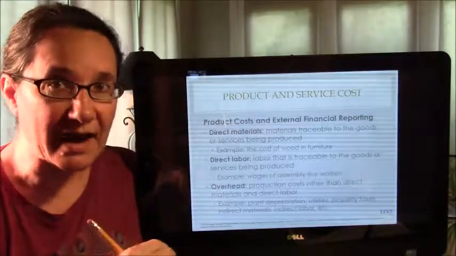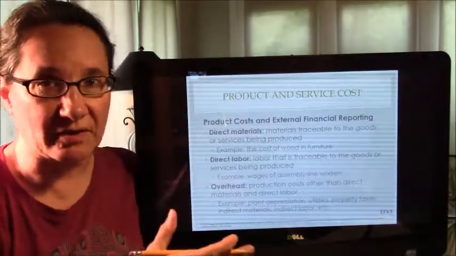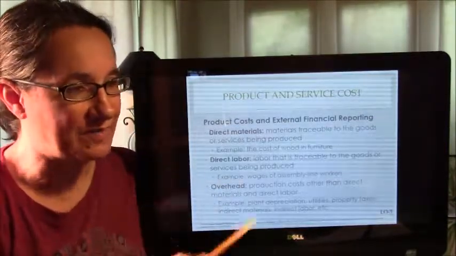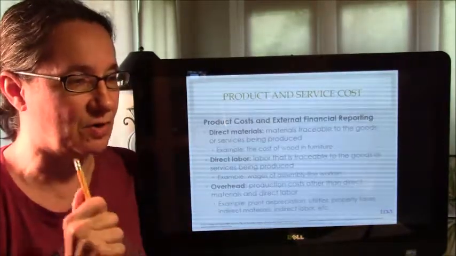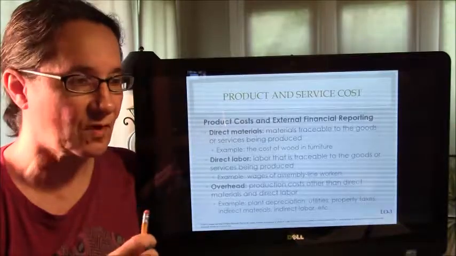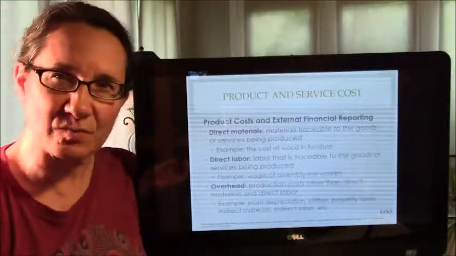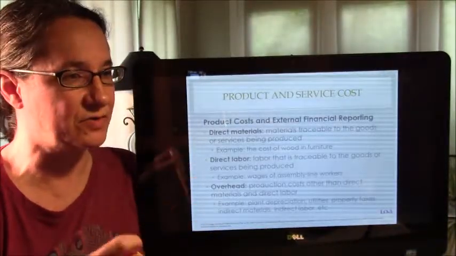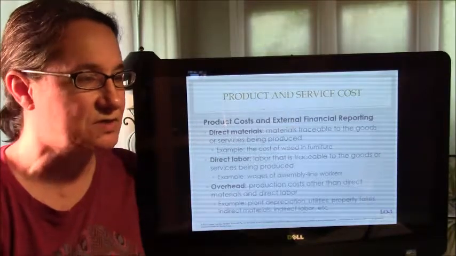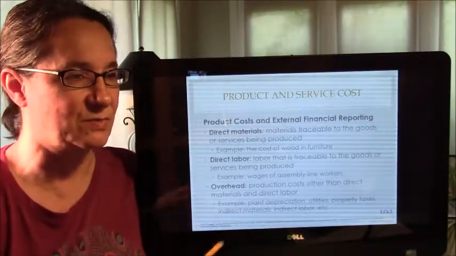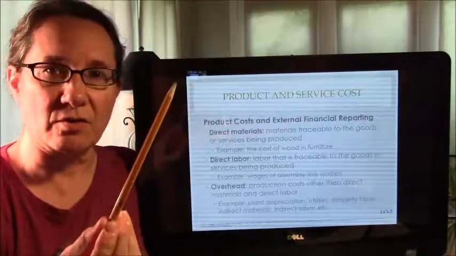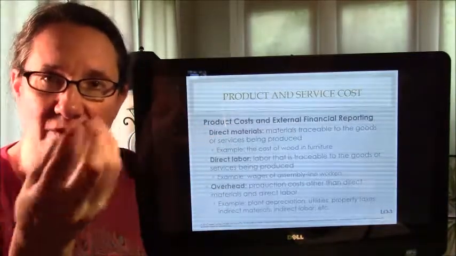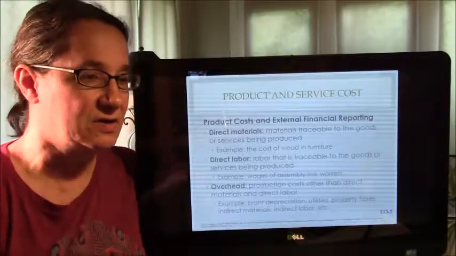Another way of categorizing costs, so there's more than one way of categorizing them. One way of categorizing costs is as direct materials, direct labor, or overhead. All right, so I think that's pretty self-explanatory. Direct materials can be traceable to the goods or services being produced. So here you go. Wood, lead, metal, rubber, direct materials. Labor.